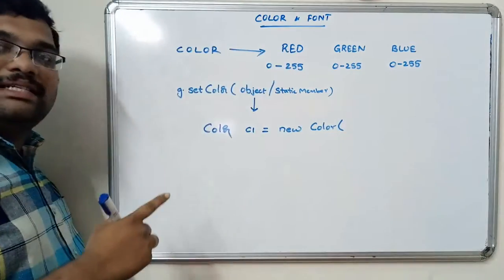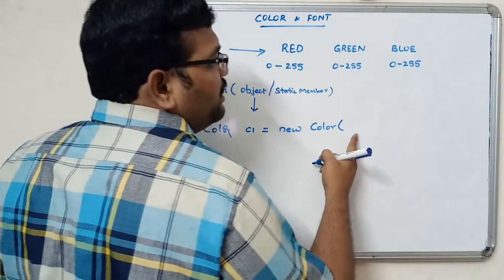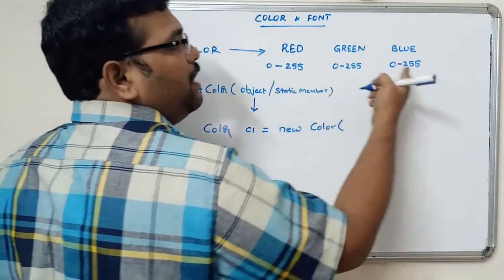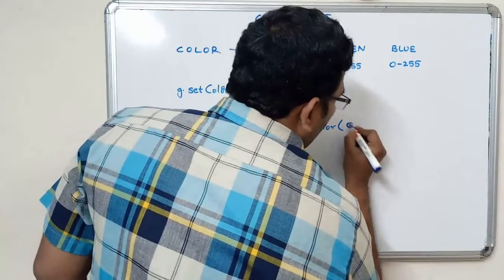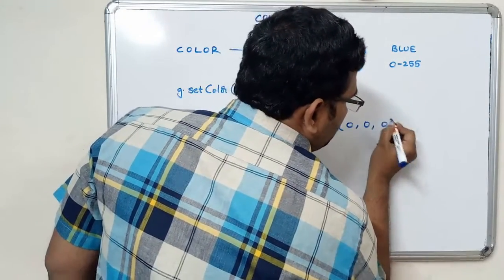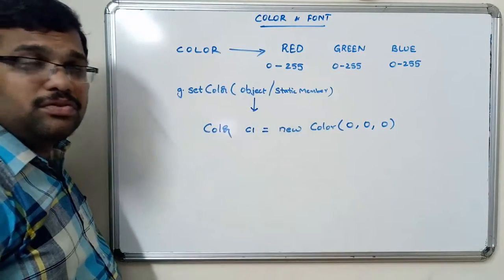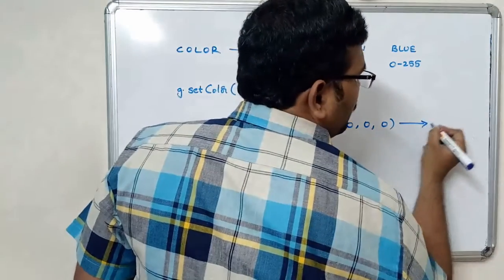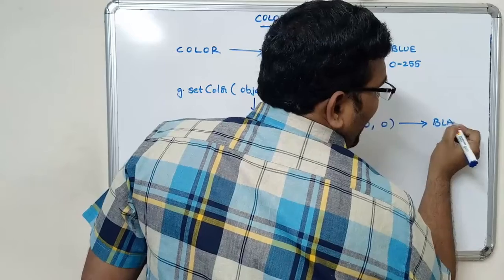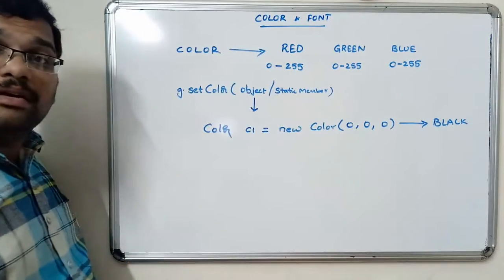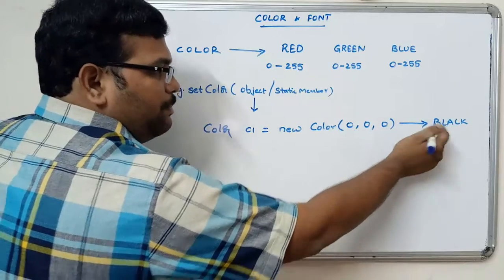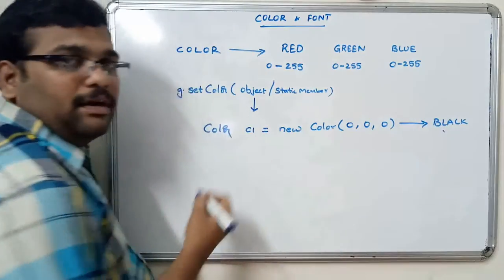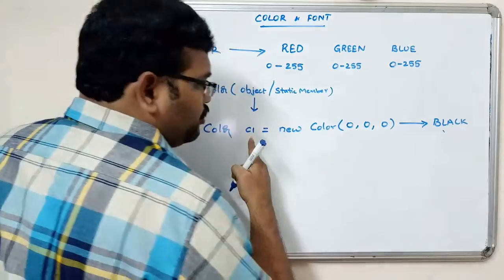In the constructor we have to give the range of red, green and blue. If you give 0, 0, 0, all are zeros, so this will reflect black color, and the black color will be assigned to C1.